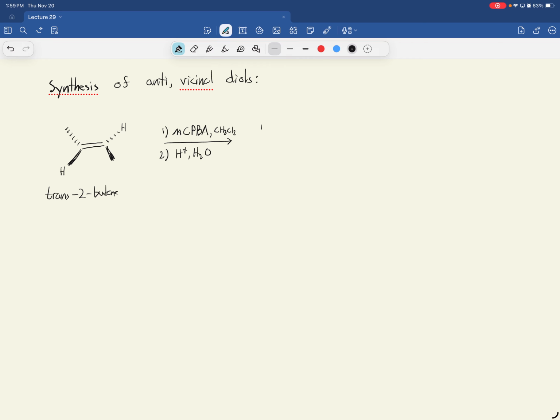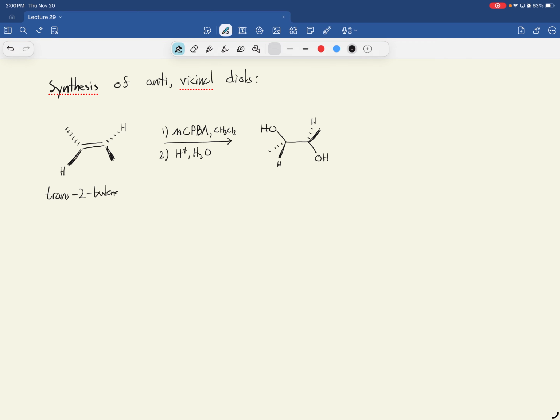Okay. So this comes out to be the diol, the trans diol. Okay. So we call this vicinal diol because the alcohols are on adjacent carbon atoms. So that's called vicinal diol. There's another term called geminal diol. That's when it's attached to the same carbon atom. But this is vicinal, okay?